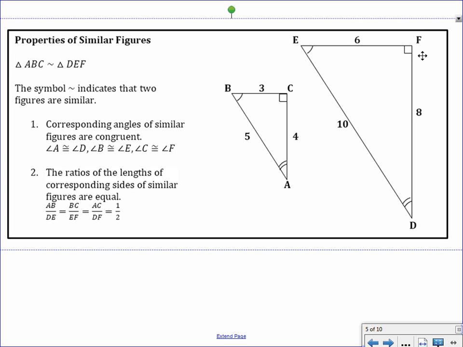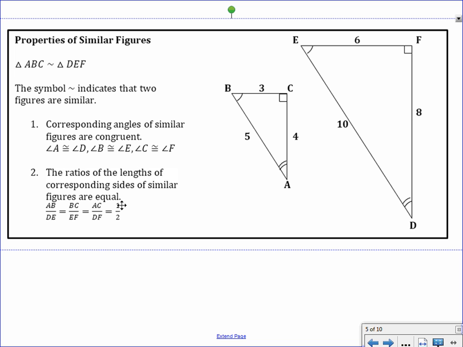The ratios of the lengths of corresponding sides of similar figures are equal. So basically we are saying that the ratio of side AB to side DE is equal to the ratio, so it's a proportion, of BC to EF and AC to DF.